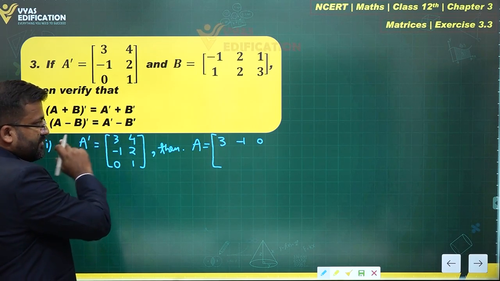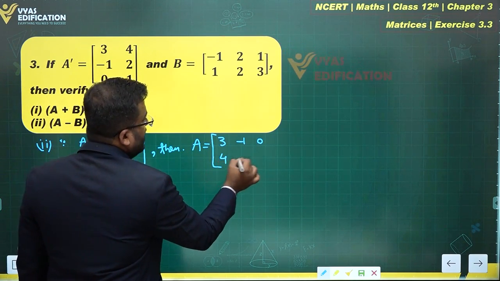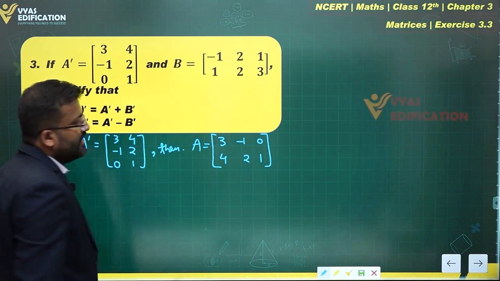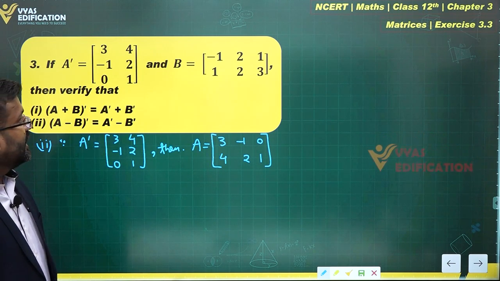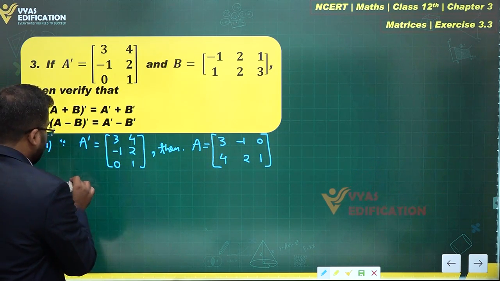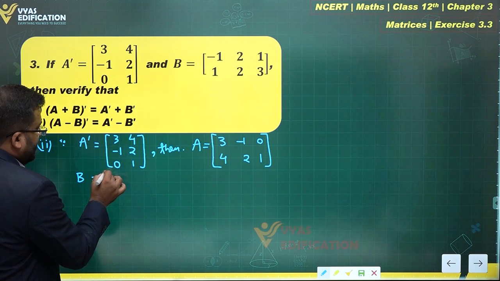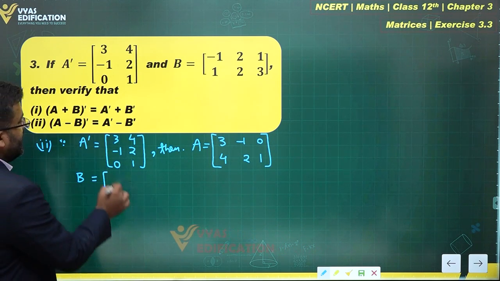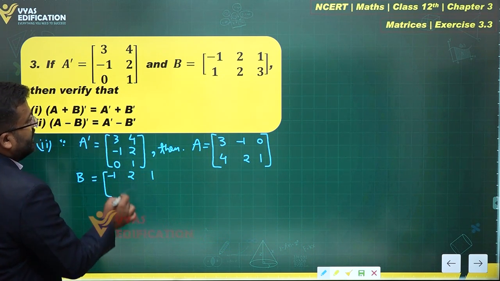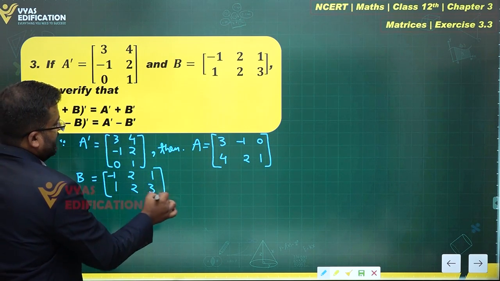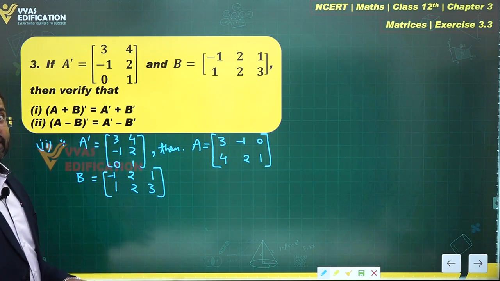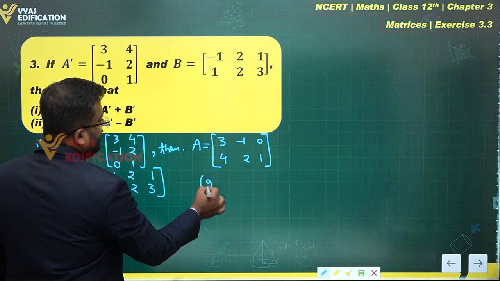The first column becomes the first row, the second column becomes the second row. This is matrix A, okay? And matrix B is already given. Matrix B is already known to us. This is minus 1, 2, 1, 1, 2, 3. This is already given to us.